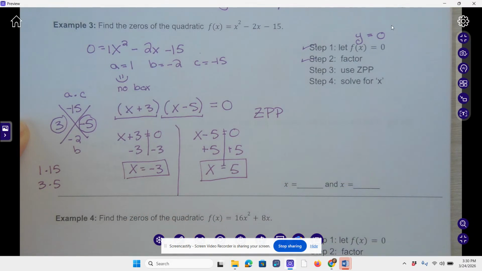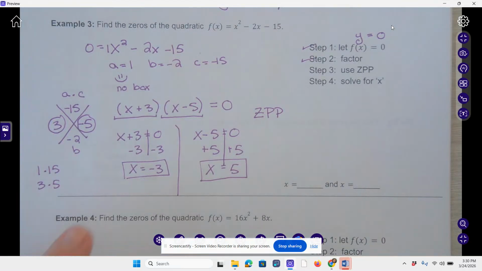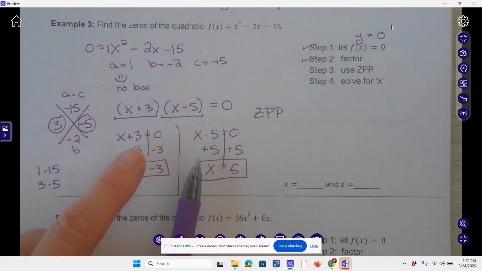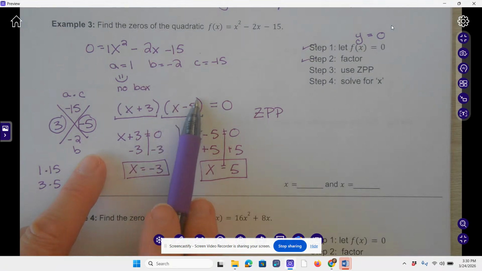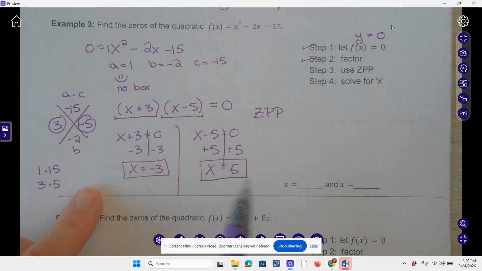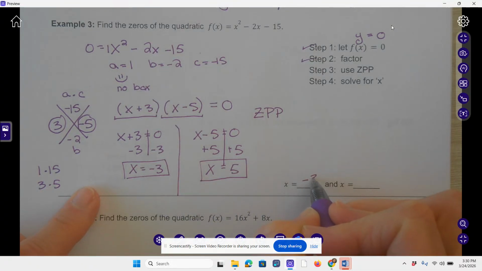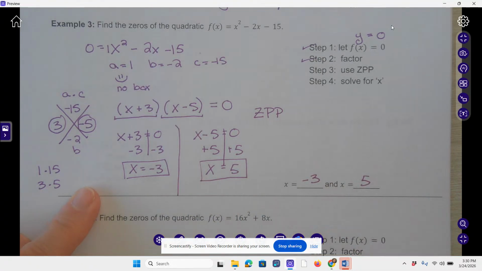And remember when we were exploring what the factors look like and what our solutions look like? Our factor here had a +3. Our solution is the opposite sign, or a -3. This factor had a -5, and our solution, or our x-intercept, has a +5. So your solutions are -3 and 5.